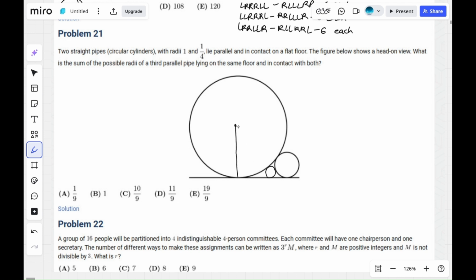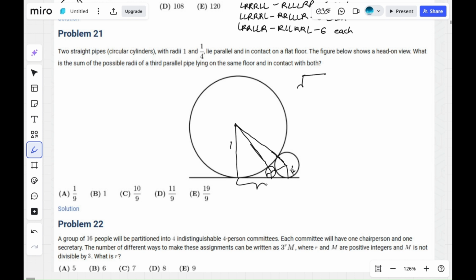So if we let this and this be the radii, so if we connect them, then we can see that this is 1, this is 1/4, and this is r, right? We can also connect this to this. And then we can use Pythagorean for every length.